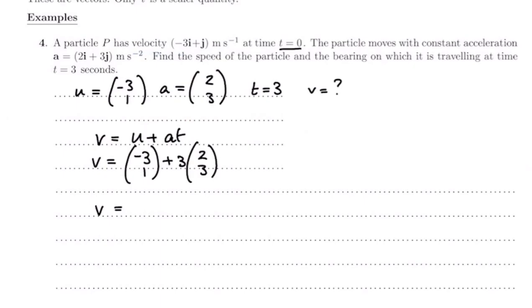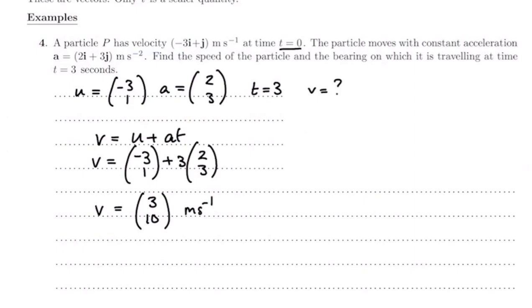If I work that out, negative 3 plus 3 lots of 2, negative 3 plus 6 is 3, and 1 plus 3 lots of 3 is 10. That tells me my velocity when t equals 3.